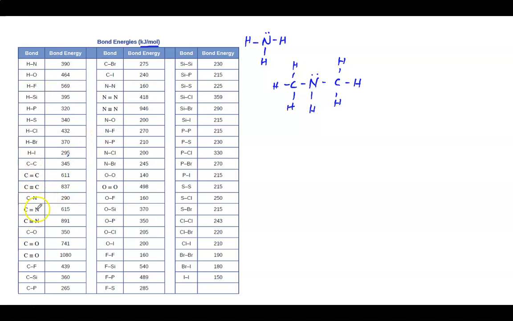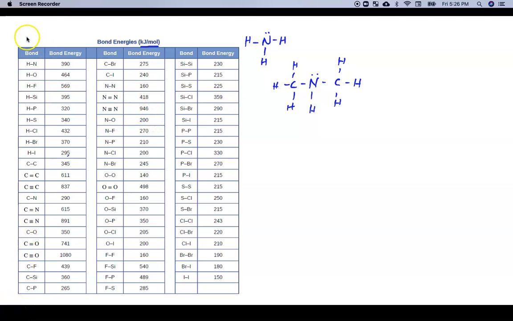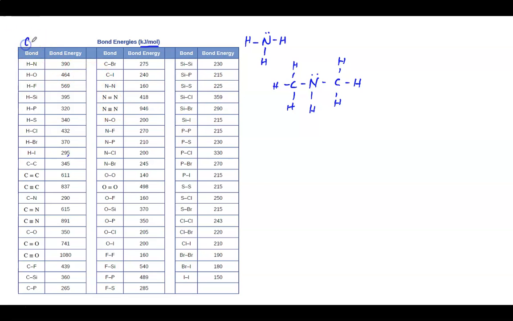Carbon bromine. I swear it was on here. Okay, so let me go find that real quick. So I just checked your book, and the carbon hydrogen bond on average is 415 kilojoules per mole.